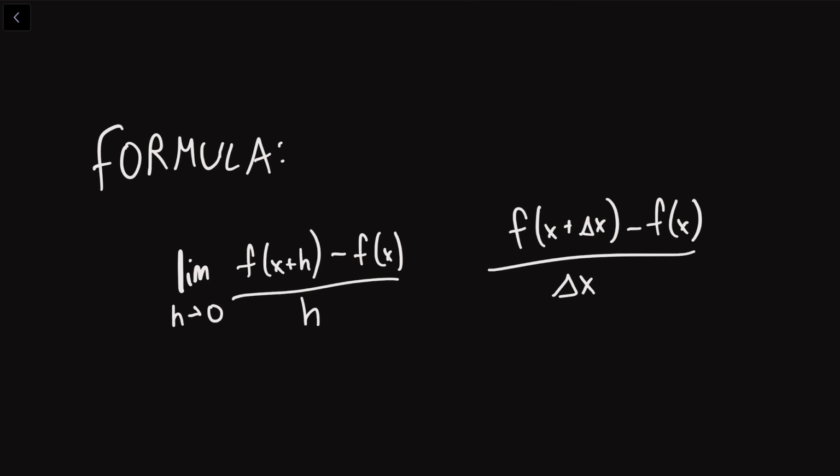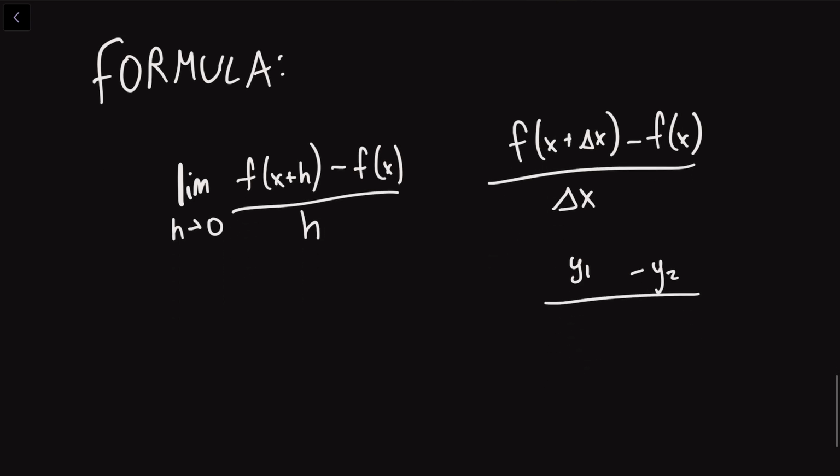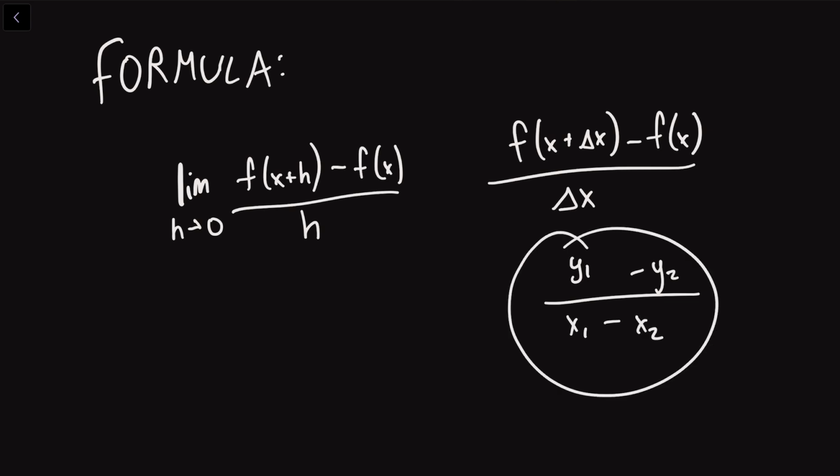So f of x, we can write this as y2, and f of x plus some delta x gives us y1. So that's y1 minus y2, all over delta x. So delta x is x1 minus x2. So that is a slope, and these circles are ugly.